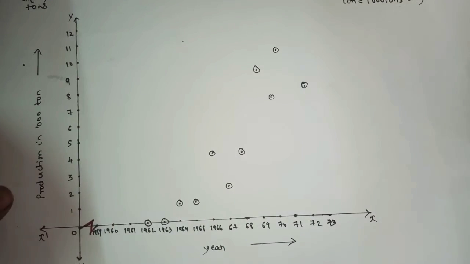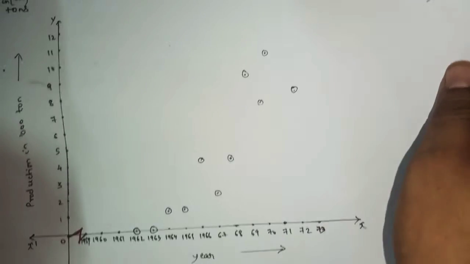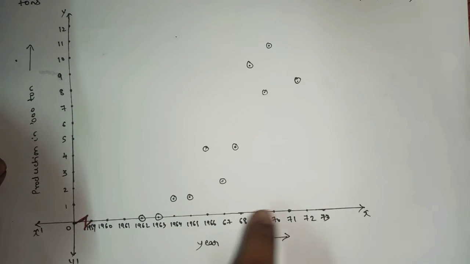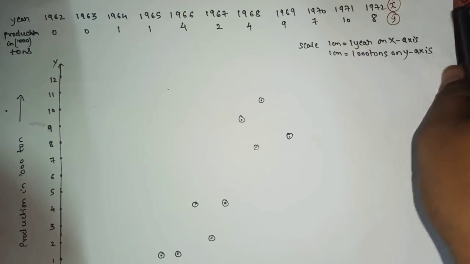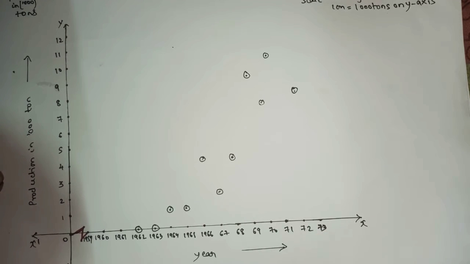So I wrote 1 centimeter is equal to 1 year on the x-axis. So 1959, then a gap of 1 centimeter, then 60, 61, 1962, 63, 64, and it goes on. The ending year is 1972, so we'll write one more extra, that is 73, or else you can write 74 also.